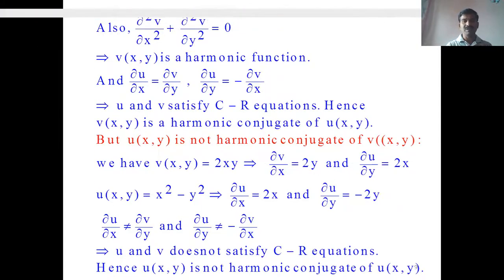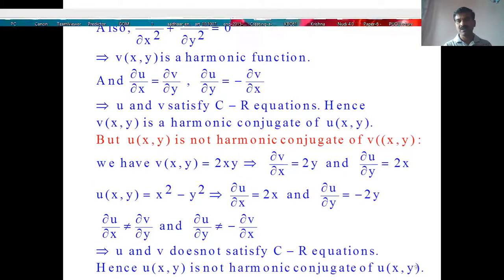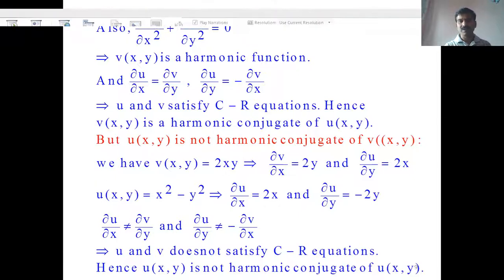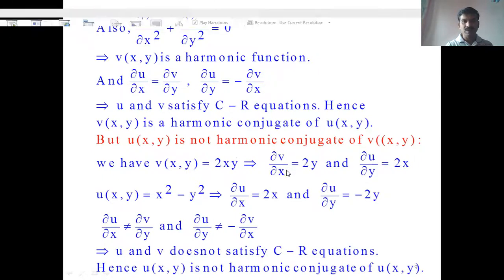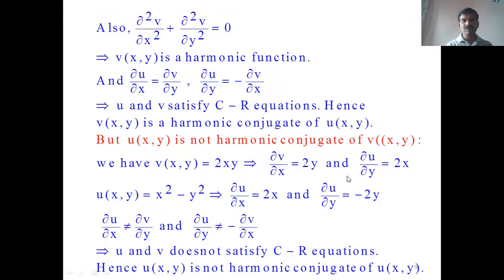So how can you see that u is not a harmonic conjugate of v? We have v equal to 2xy. Differentiating with respect to x, we get 2y, and differentiating with respect to y, we get 2x. Then compare by taking this as u: ∂u/∂x and ∂u/∂y are not equal to each other.